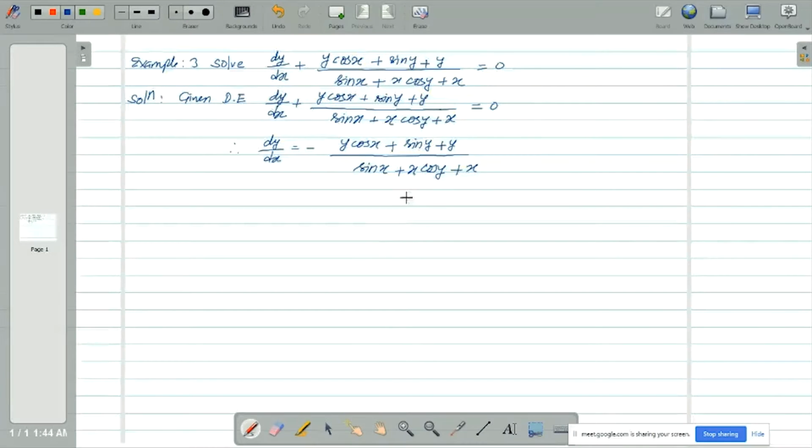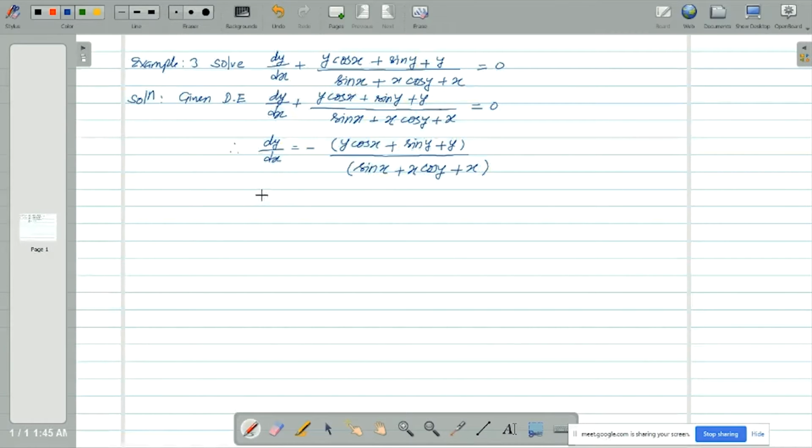Now we cross multiply; we put it in brackets like this, because the minus sign is over here, so this minus sign multiplies inside. So we multiply this to this and this to this.